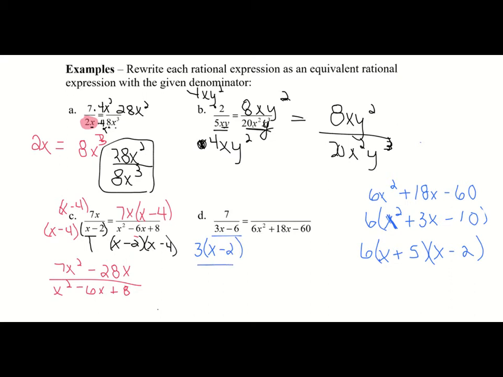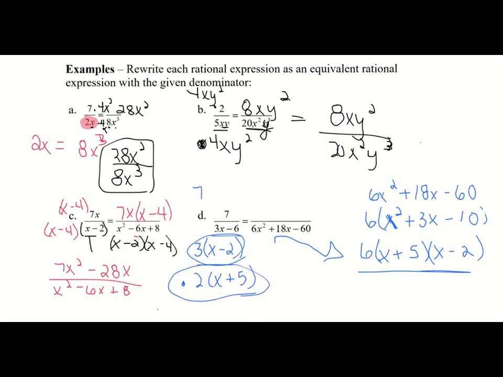So if we compare this denominator to this one, I know to get from 3 to 6, I need to multiply by a 2. And I have the x minus 2, but I'm missing the x plus 5. So that's what I multiply this denominator by to get this one. So I'm going to do that same thing to the top.